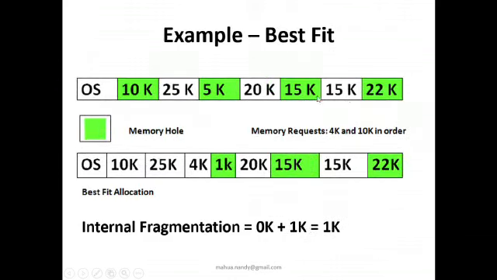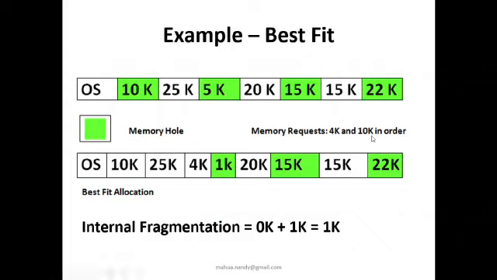The same initial scenario is considered and the memory requests are also the same, that is 4K and 10K in order. If we follow best fit algorithm, then the request 4K will be allocated to the empty hole 5K because it is the smallest hole which is big enough to accommodate 4K request.